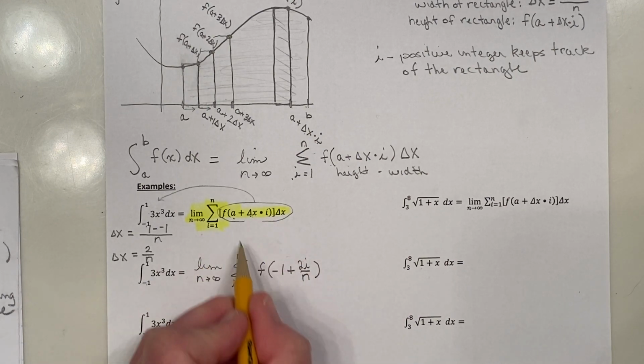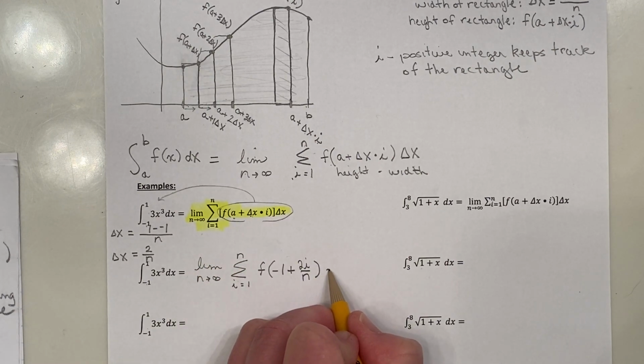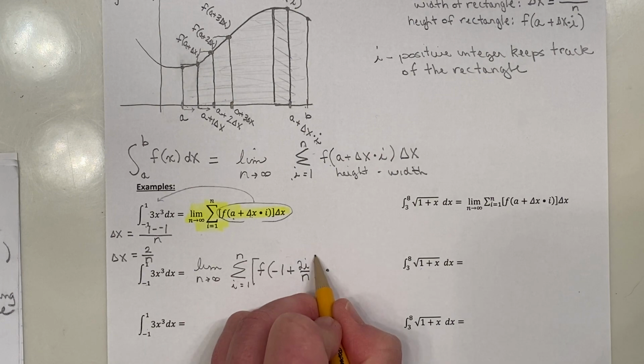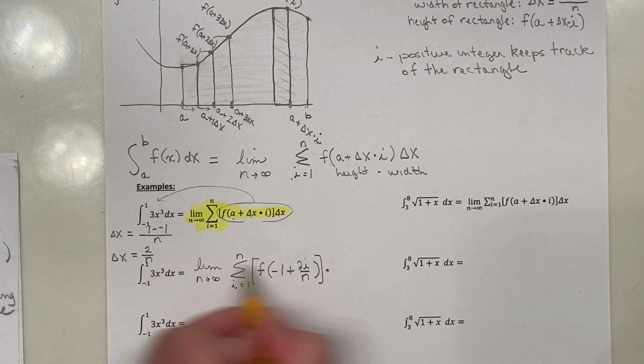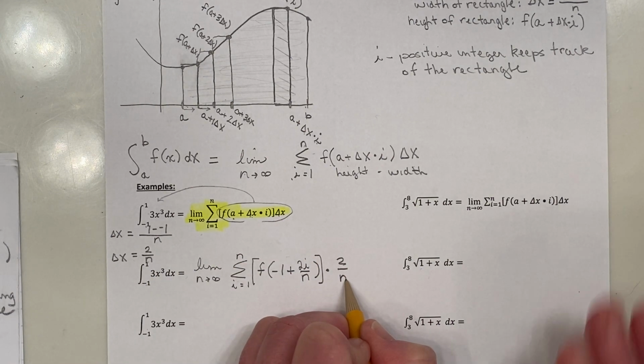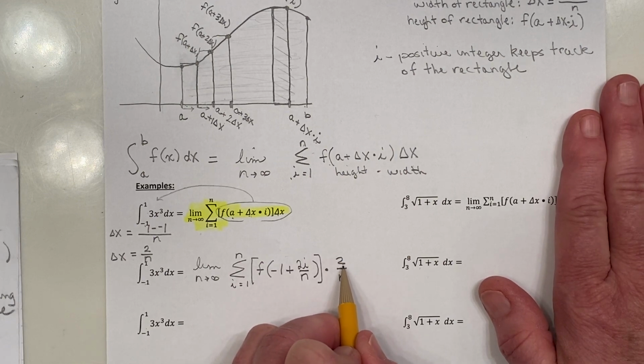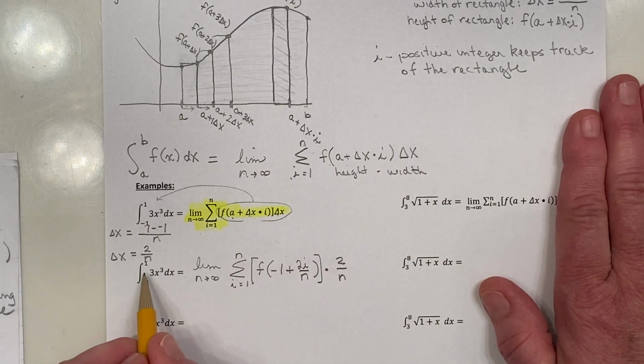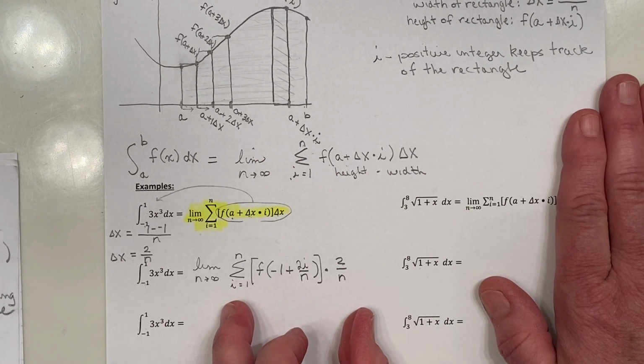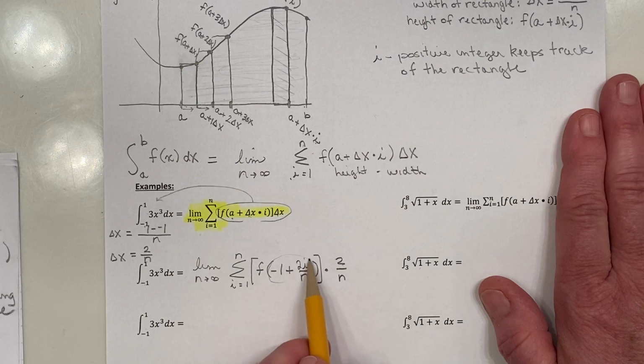And then moving outside this bracket right here, times, you want to keep that in brackets, delta x was again 2 over n. So this expression right here, if you look at the numerator, helps us to identify the difference between 1 and -1. Are we finished yet? No, I need to insert this x value into my function.